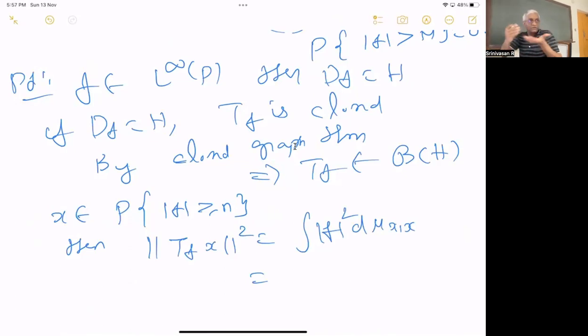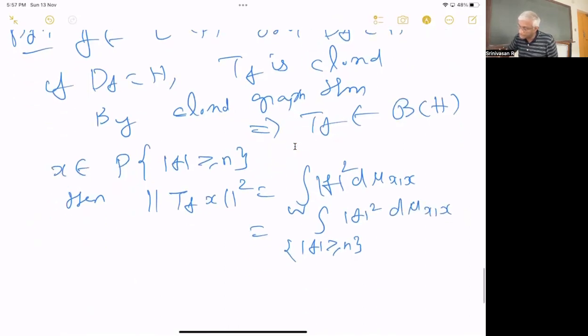We have already gone through this proof. The integral is just over this set, of mod f squared. On this set, mod f is greater than or equal to n, so this is at least n squared times the total measure of mu_xx, which is norm x squared. That we have also seen: mu_xx is a positive measure, and the measure of the total set is norm x squared.